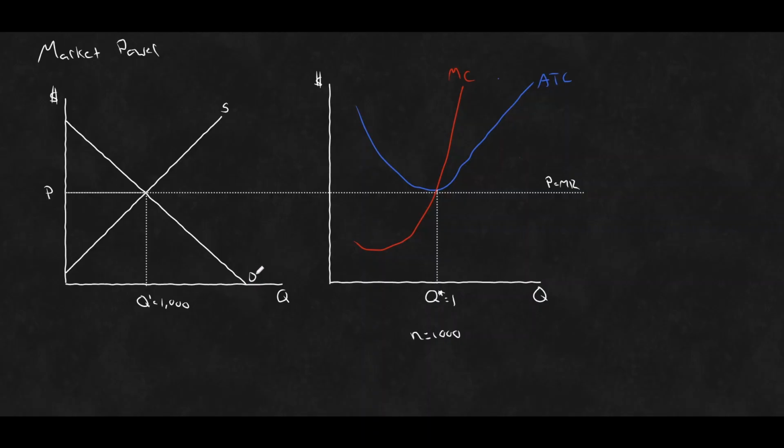The similar result is this would no longer be the supply, as in the total market supply of each firm producing one unit, 1,000 firms producing one unit, giving us 1,000 altogether. No. If this is now a differentiated good, there's no longer that link between those two.